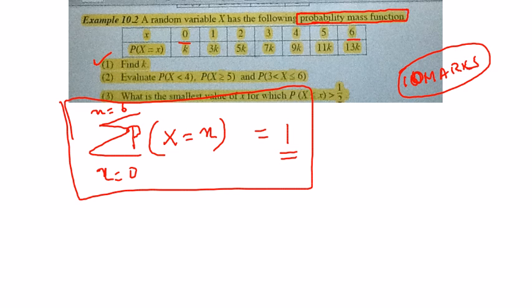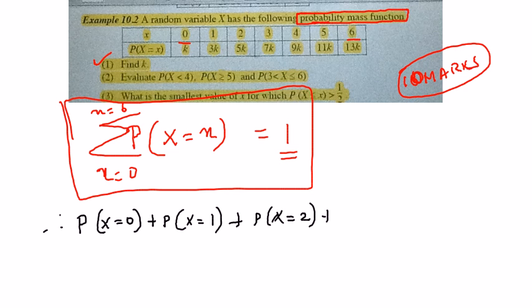So let's get started. Therefore you have p of x equal to 0 plus p of x equal to 1 plus p of x equal to 2 plus p of x equal to 3. Don't miss these steps.